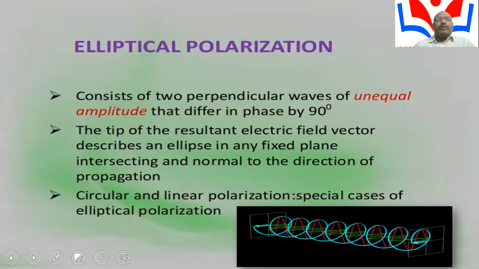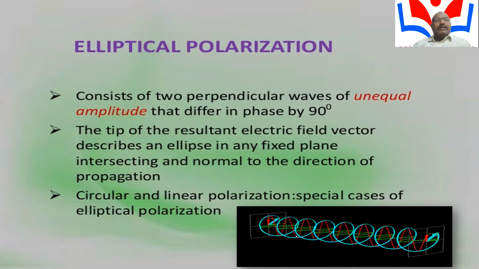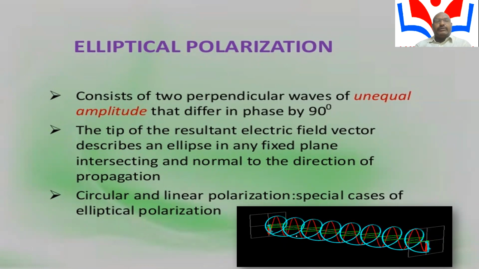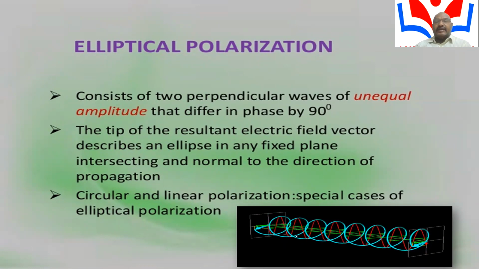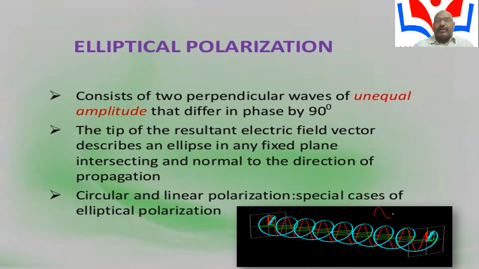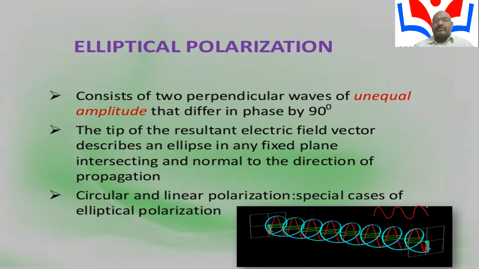So elliptical polarization. My dear students, it consists of two perpendicular waves of unequal amplitude that differ in a phase difference of 90 degrees. This is the wave propagation from one place to another.